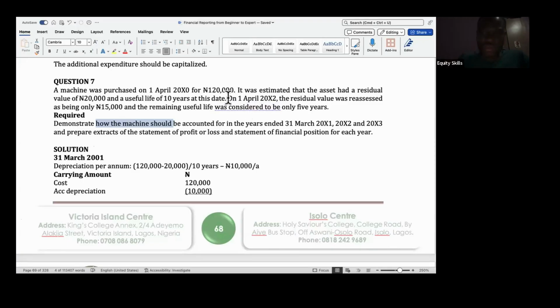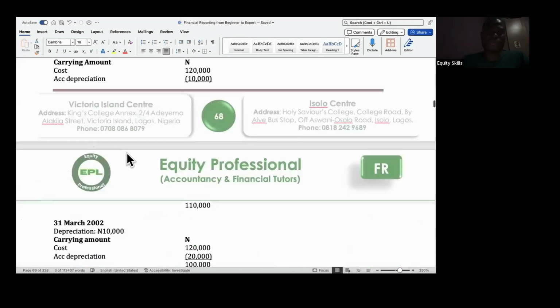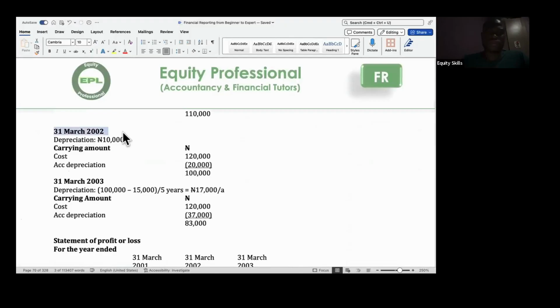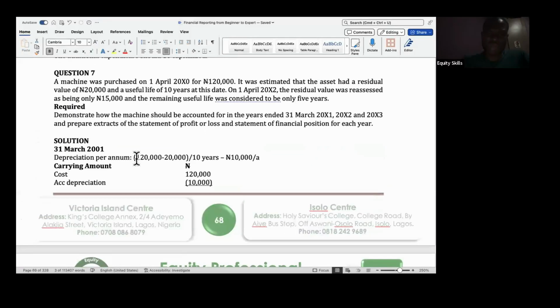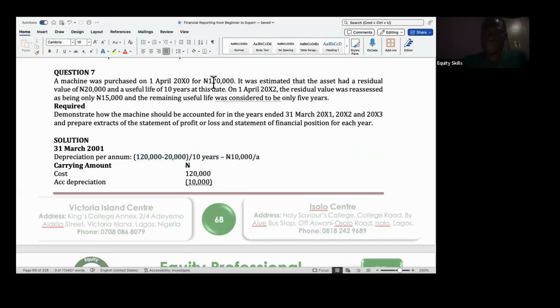What we know for sure is that the change happened at the beginning of 2002, April 2002. That means from that date, from that year going forward, depreciation will change. Firstly, in the first year, that is 31st March 2001, and 31st March 2002, depreciation will be the same thing because it's just our depreciable amount, which is the cost, 120, minus residual value, which is 20, divided by the useful life, which is 10 years.